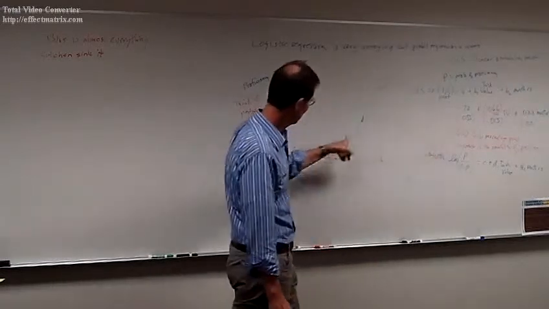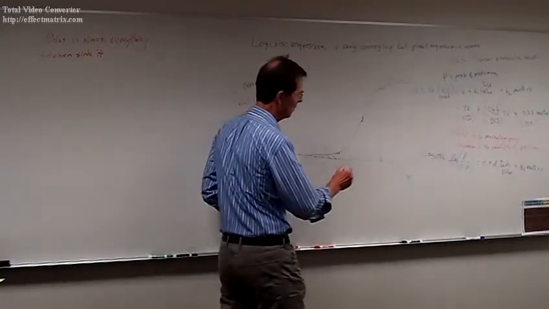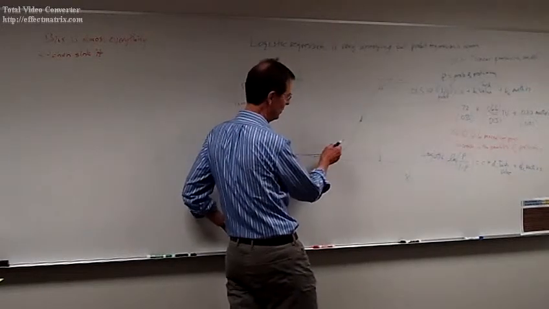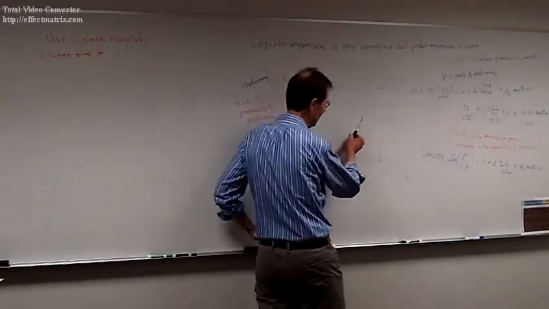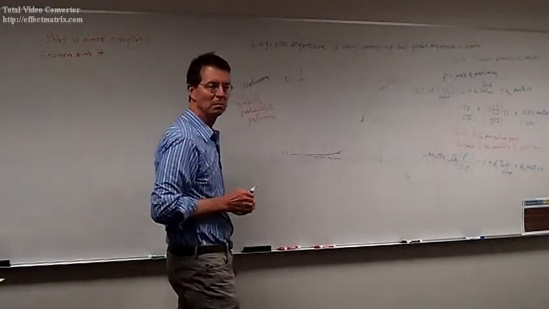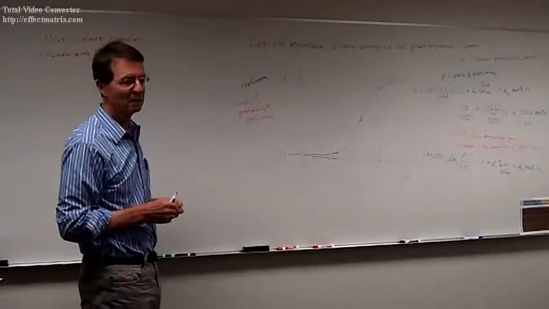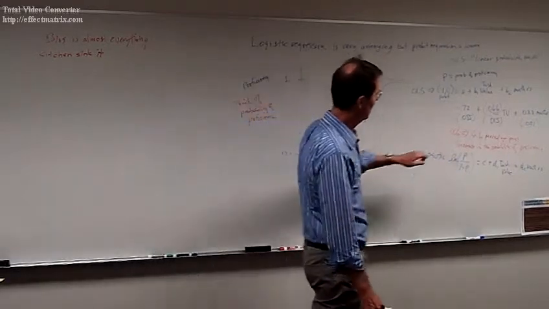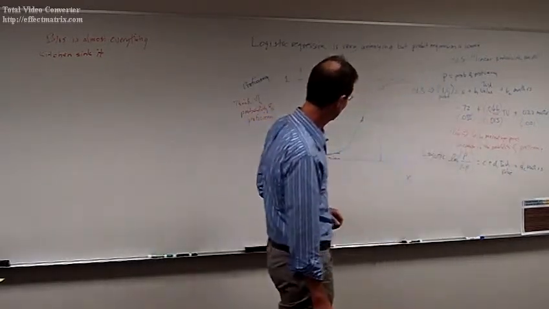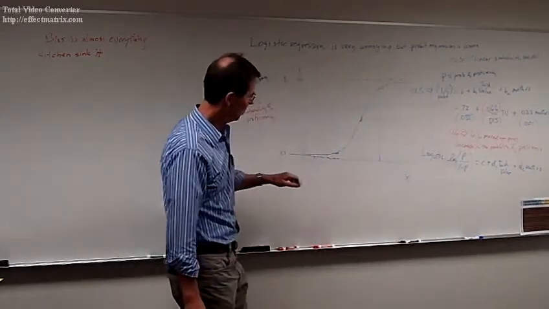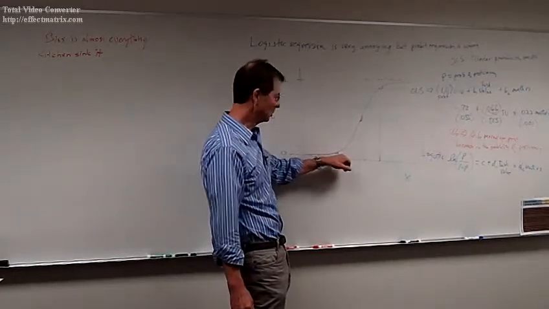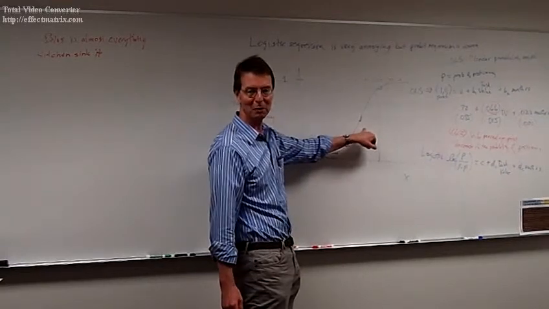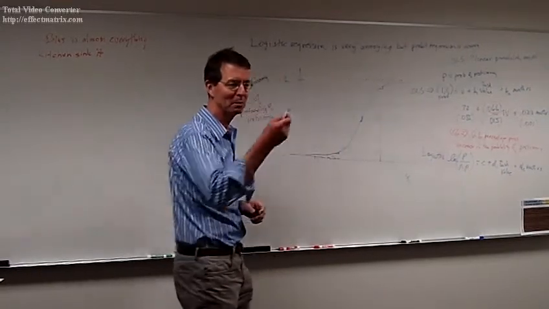Now, we're fitting this form. This change in probability associated with a 1 unit change in task value is constantly changing as we go up values of x. So instead of having one number for a probability change, we're going to have to say, well, it's the probability change at some value of x is such and such, and another value of x is a different number, and another value of x is a different number.